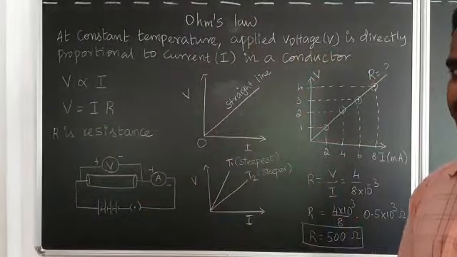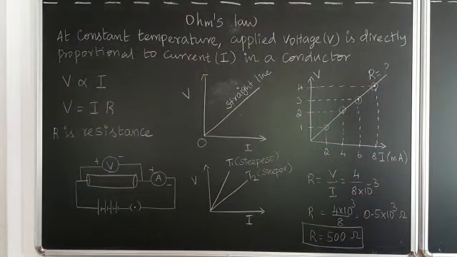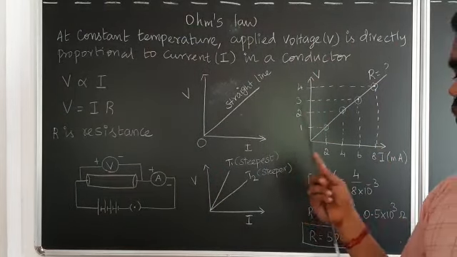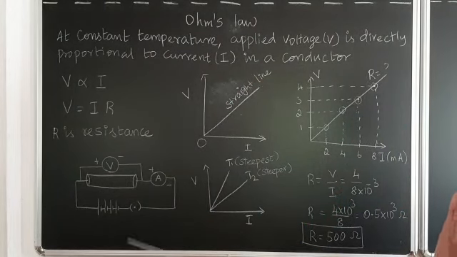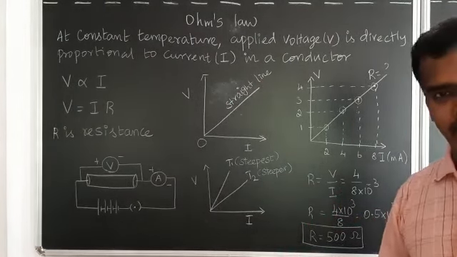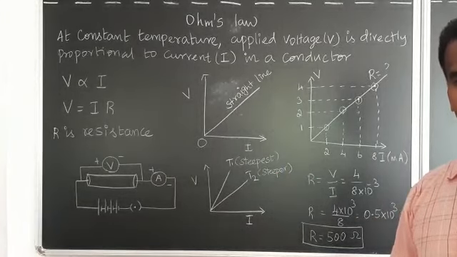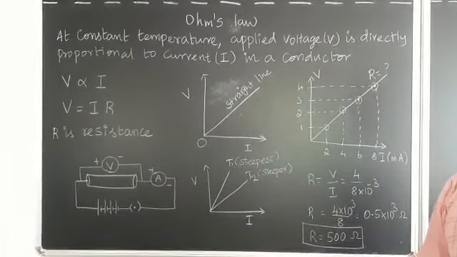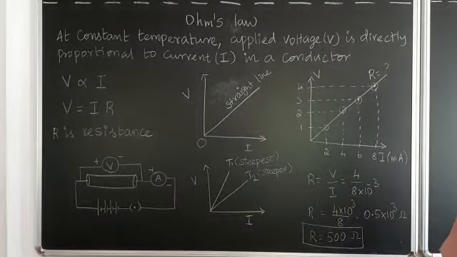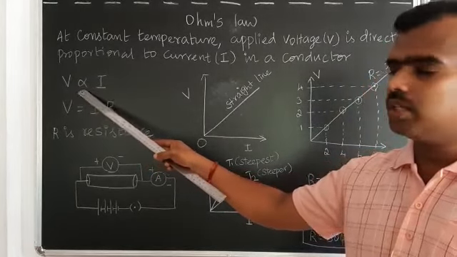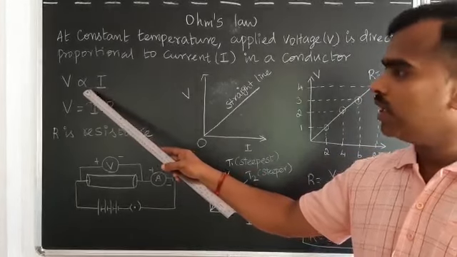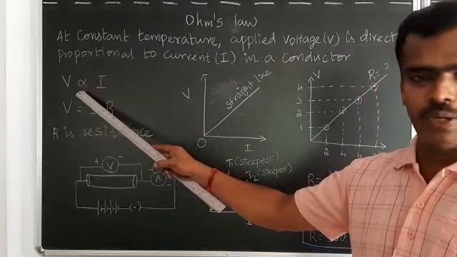So Ohm's law: at constant temperature the applied voltage is directly proportional to current in a conductor. That's fine, no need to mug up anything. At constant temperature the applied voltage V is directly proportional to current I in a conductor, right? So here I wrote V, applied voltage, directly proportional to current I. This proportionality should be removed.